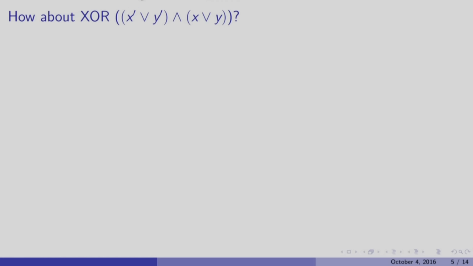So this is the well known XOR function, and let us see what it looks like. So it is turned on if either x is 1 and y is 0, or y is 1 and x is 0.